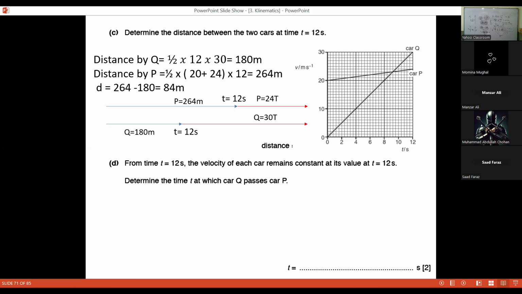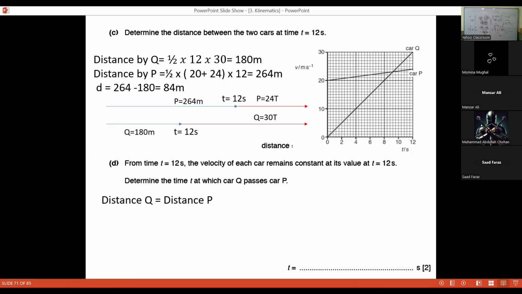Now total distance traveled by P and Q will become equal. कितने टाइम में? पहले हम t निकाल लेंगे और उसके बाद उसमें 12 ऐड कर देंगे तो टोटल टाइम आ जाएगा, because the total distance from the start to the end for P and Q are now equal. Q is traveling faster after 12 seconds. So distance traveled by Q should be equal to distance traveled by P.